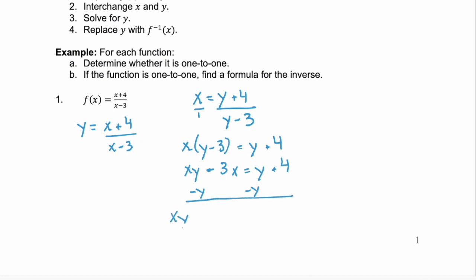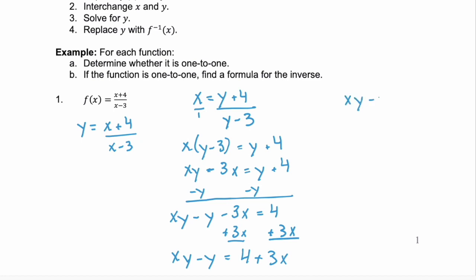We have xy minus 3x equals 4. Let's add 3x to both sides because remember, we're trying to get y by itself. We have xy minus y equals 4 plus 3x. Let me carry this over to the other side, give us a little more space. Now notice on the left that these two terms have y in common, so we can factor out the y, and we have x minus 1 and 4 plus 3x.